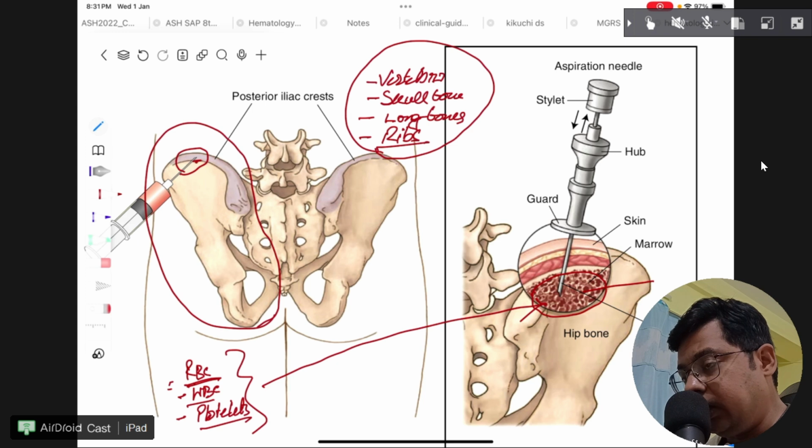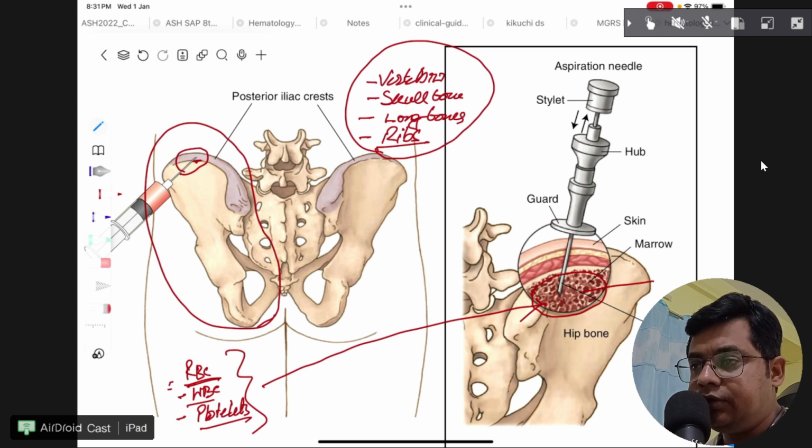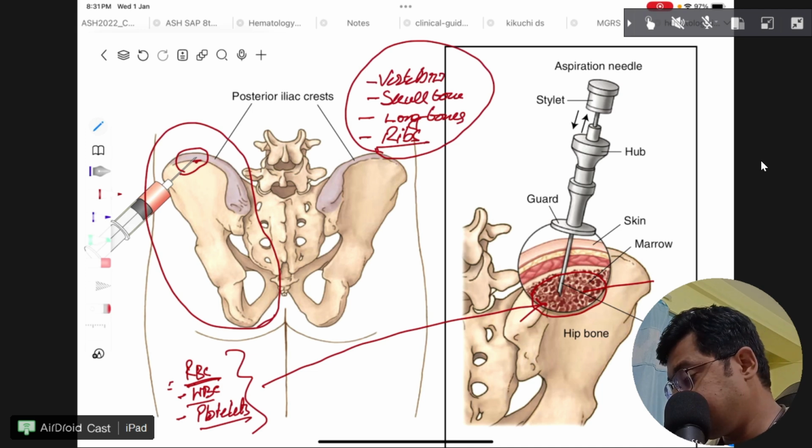This is one of the most common locations to perform a bone marrow examination. Also, bone marrow examination can be done from the tibia, or sometimes from the sternal bone also.